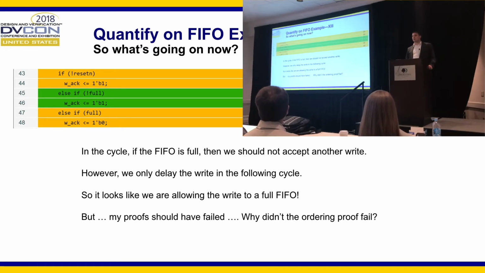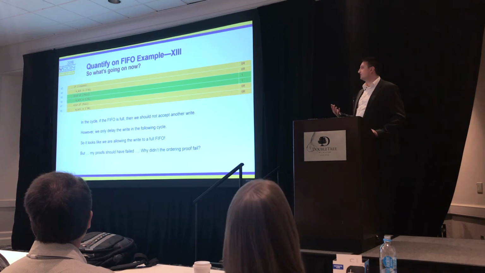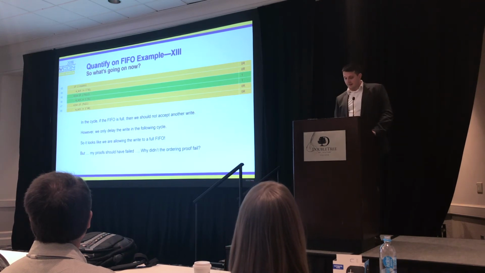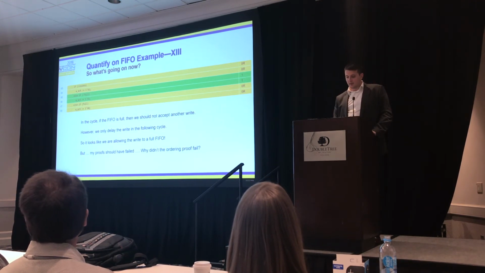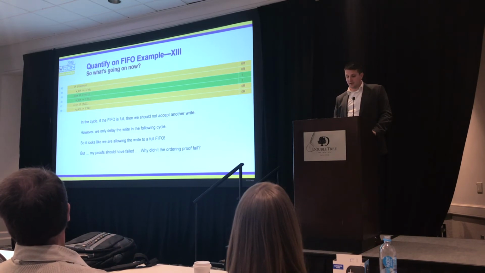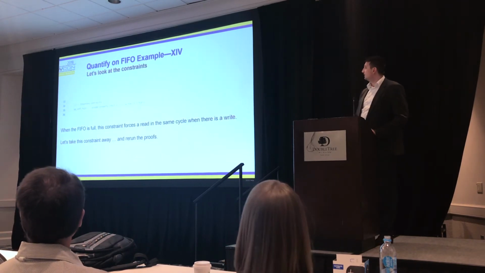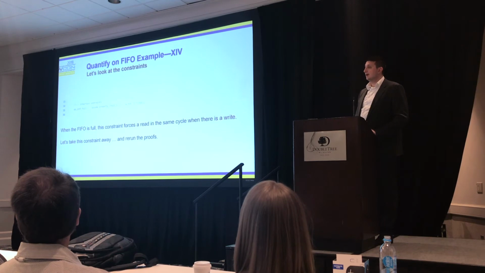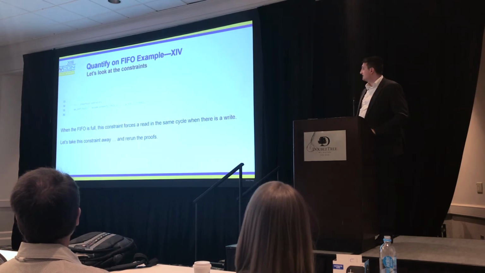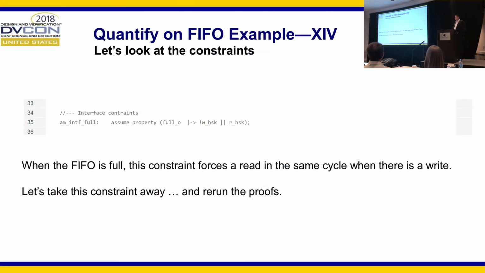So at this point, you might want to think, where else are you mentioning this particular signal, the write acknowledge? And if we review our design, we are actually mentioning it in a constraint. And we do this in a constraint that says, if the FIFO is full, there will be no write or there will be a read.